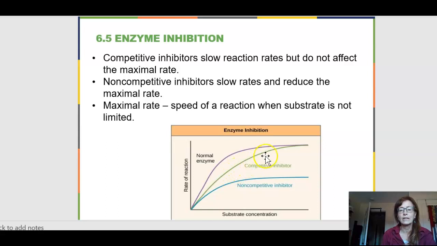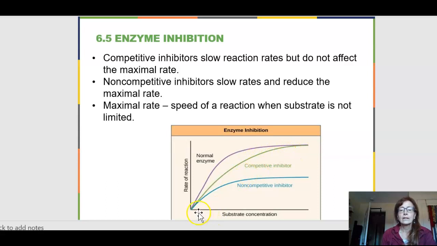So that's a competitive inhibitor. It may take longer for that enzyme to ultimately reach the point where things are breaking down at the same rate as the normal enzyme. So this is why this curve is lower.